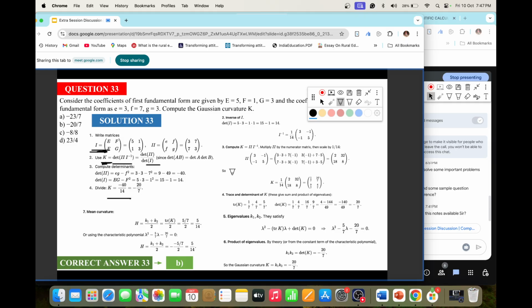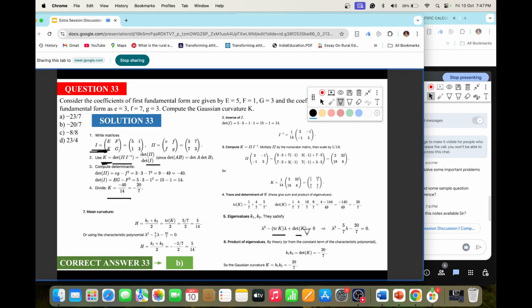Otherwise, what you can do is form a characteristic equation. Once you form the characteristic equation, you have two things, one is the trace and one is the determinant. You have two quantities, right? Gaussian curvature and mean curvature.